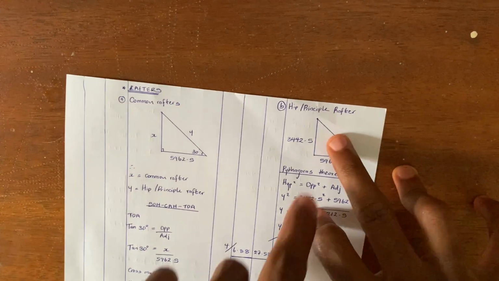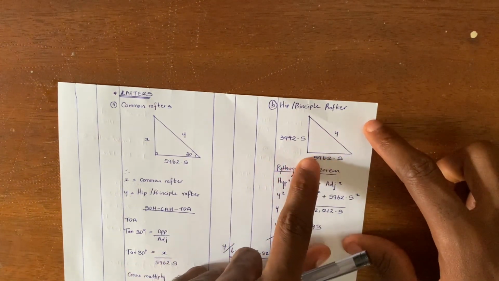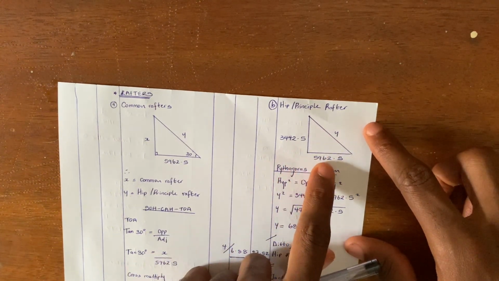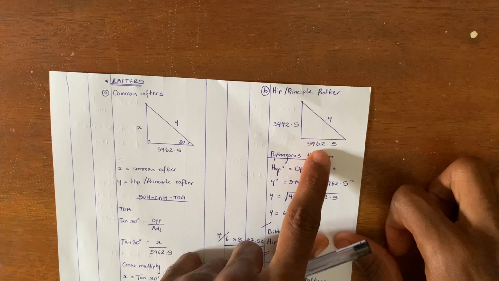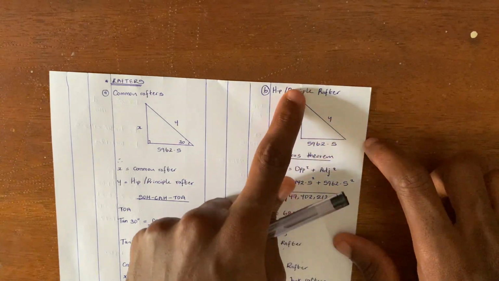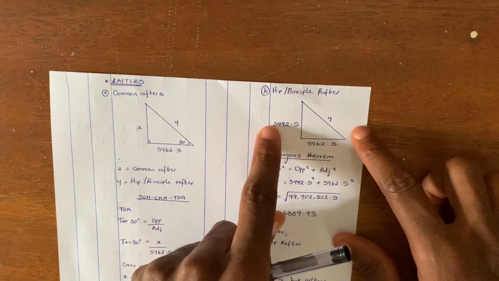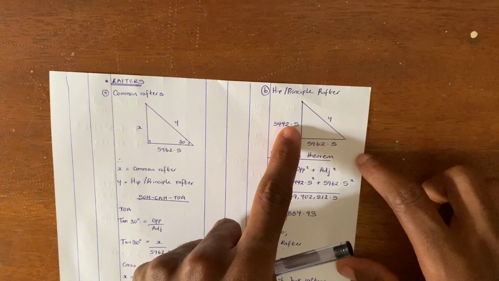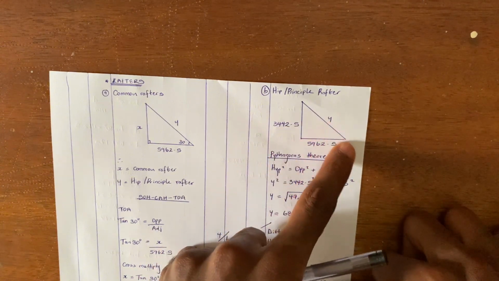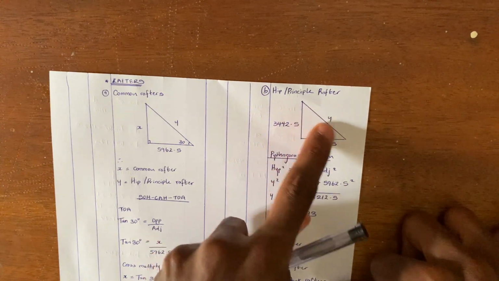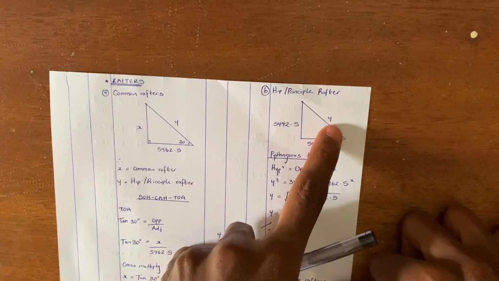So that is what I have done here. Half of the span of the roof was 5,962.5, and then the span of our common rafter is 3,442.5, and the hip rafter or the principal rafter is y. We need to find y.